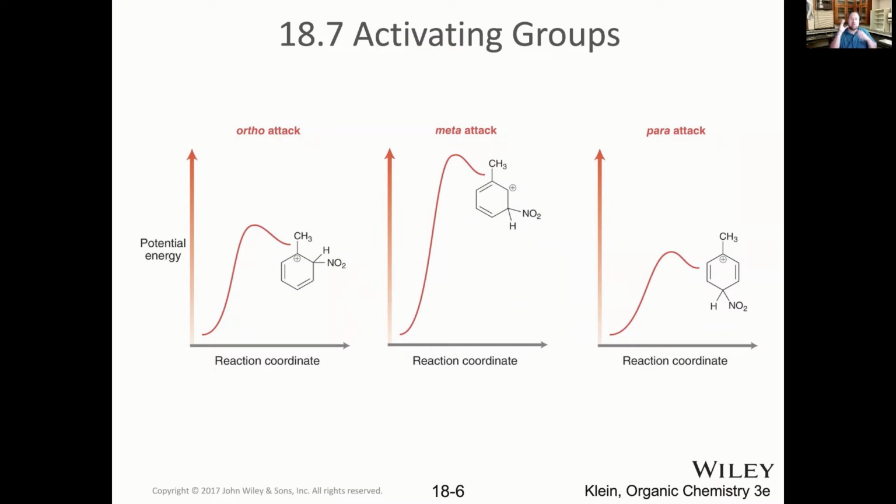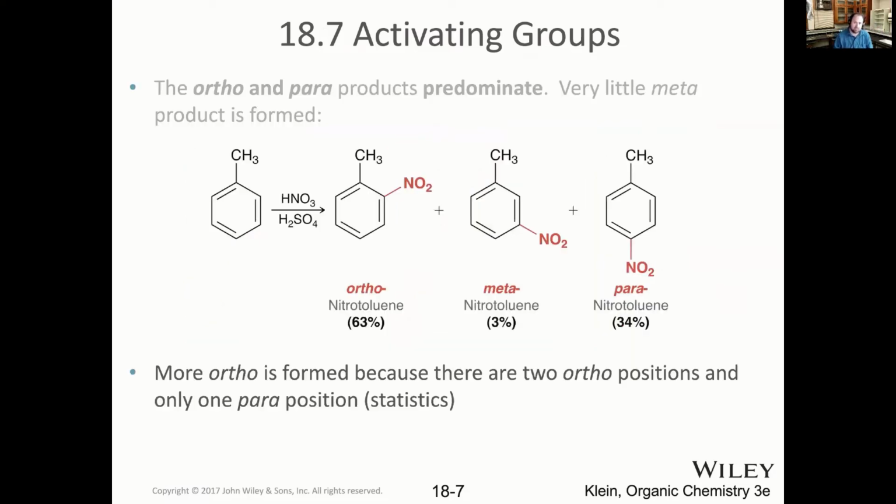Since the ortho and para intermediates are stabilized, as is observed in the resonance, those pathways are more favorable because the transition state is stabilized. The meta is left; it's not unstable or destabilized, but it just doesn't gain the benefit.